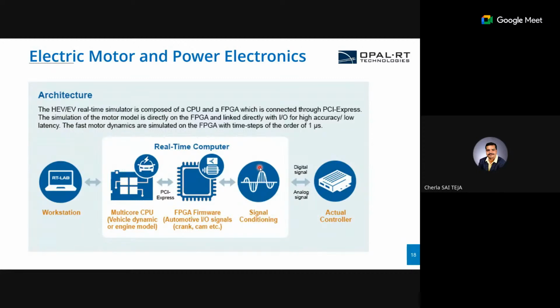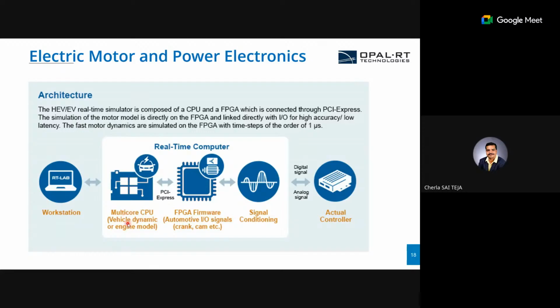Now, as the world is moving towards hybrid EV or EV based vehicles, our real-time simulator, as I told, has a CPU and an FPGA. So we are also moving into the same trend to provide a solution for these EV applications.